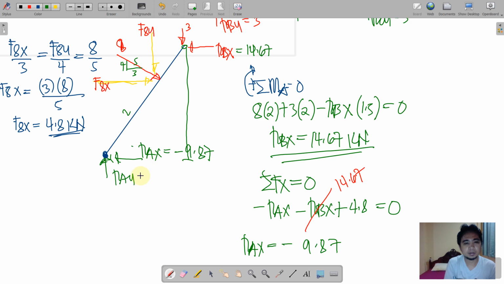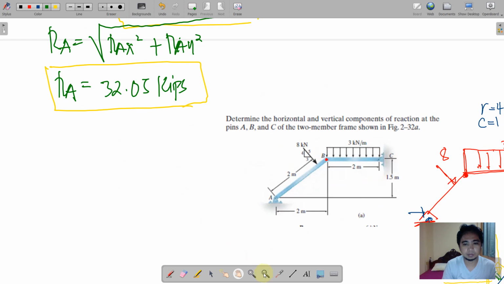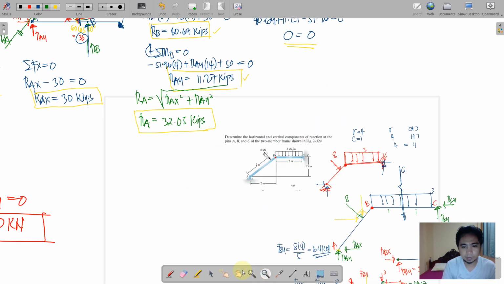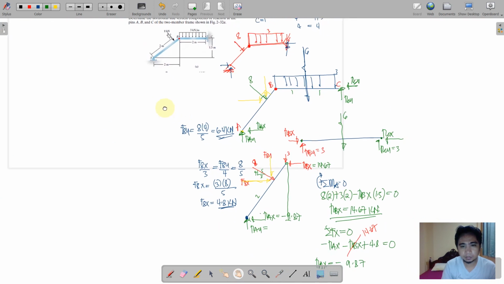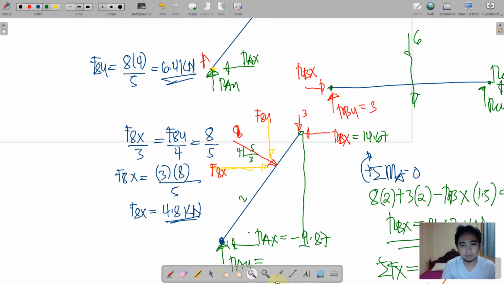So, ngayon, pwede na rin natin makuha yung RAY. Just add 3 and the component of 8 along Y. What is that component along Y? So here it is, 6.4 kilonewton.